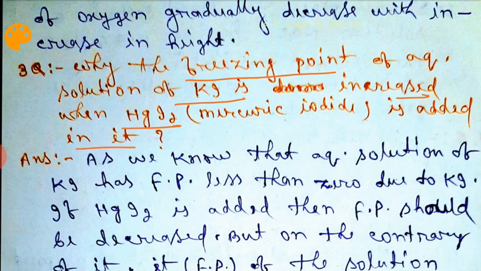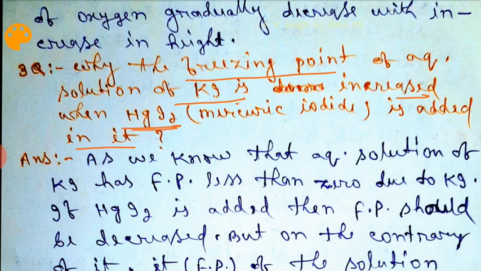You have read KI is a strong salt, so it dissociates completely and hence number of particles is increased, so freezing point is decreased. But when HgI2 is added, it should dissociate and freezing point again should be decreased, but it is not decreased.